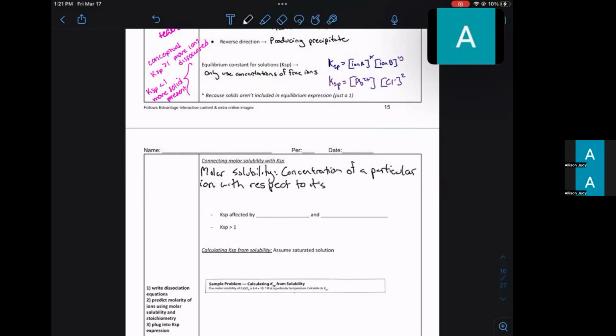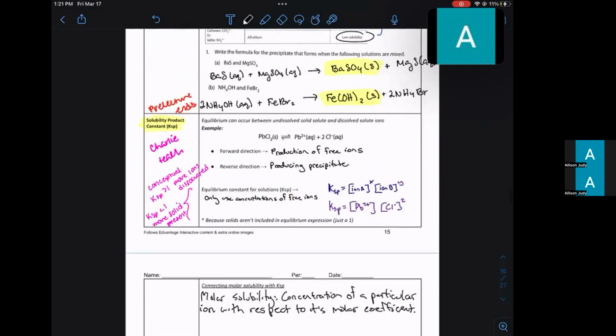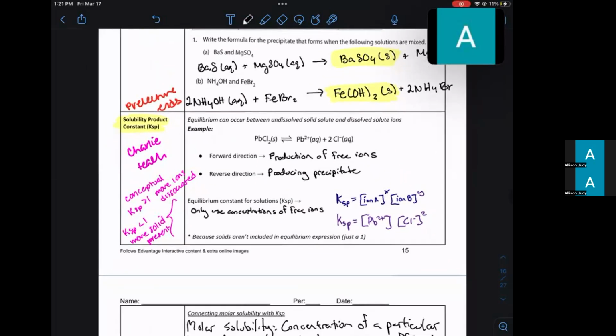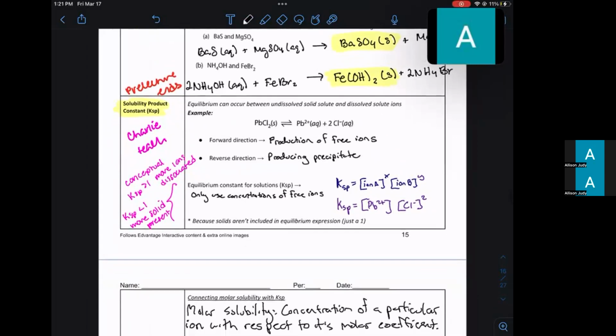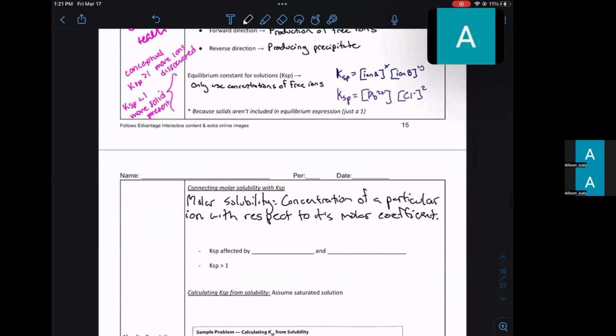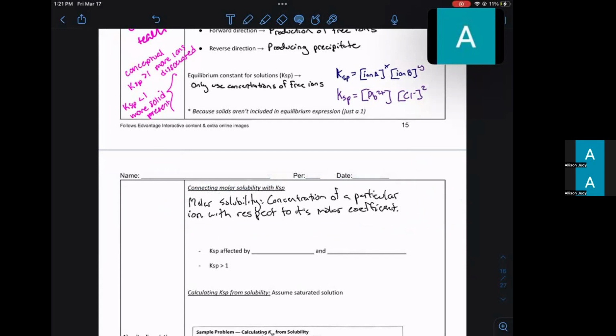It's almost a metric of how much has dissolved rather than how much molarity is in the solution. If you have the concentration of Cl- in this situation, you would take that concentration and divide it by 2 to get the molar solubility, because in the reaction you are producing 2 Cl- for every molecule that dissolves. Molar solubility should be a review, but it's good to go over it again.